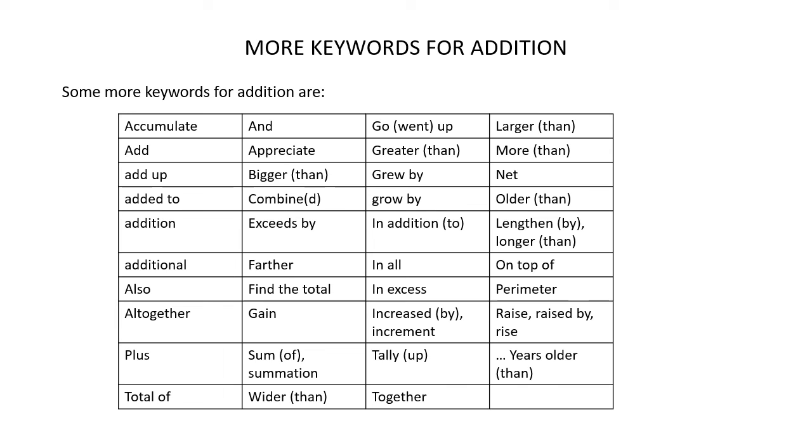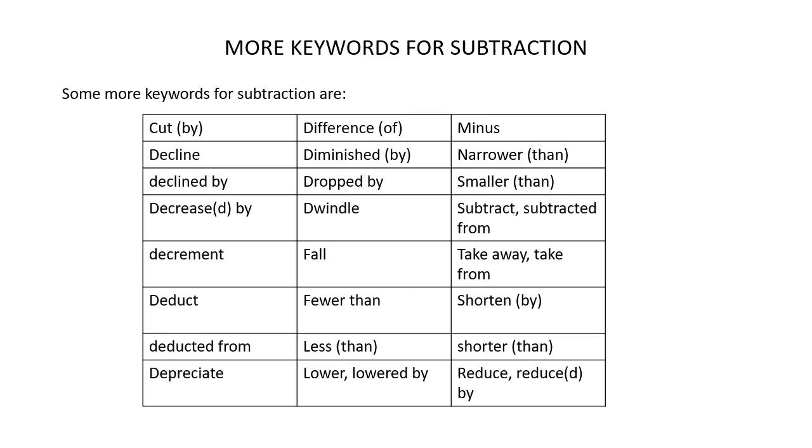Familiarize yourself with all these words. Now look at all these words. These are the keywords for subtraction. Become familiar with all these words, because if you find any of these words in the word problem, that means that you have to subtract.